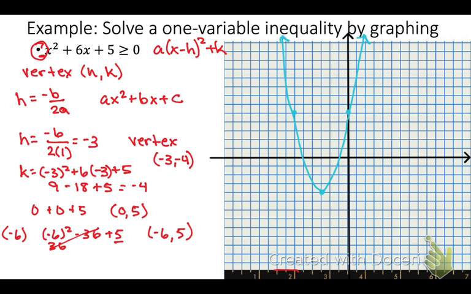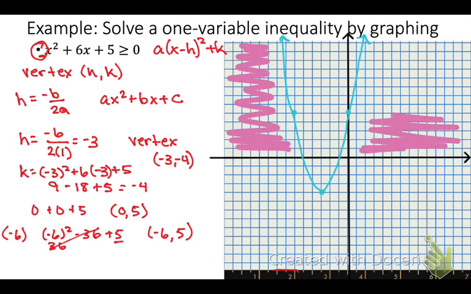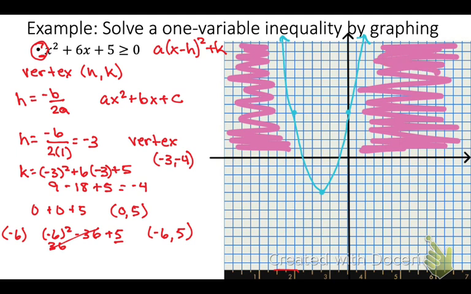Okay, so where is this above the x-axis? Over here and over there. So on your IXLs, you'll shade, but sometimes they'll have you write it. So that would be negative infinity to, where's that?